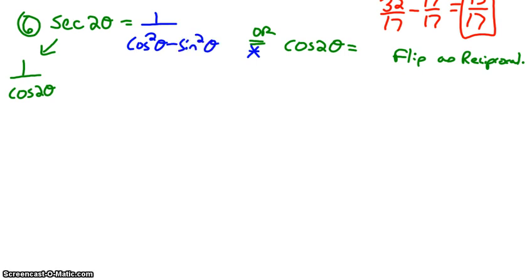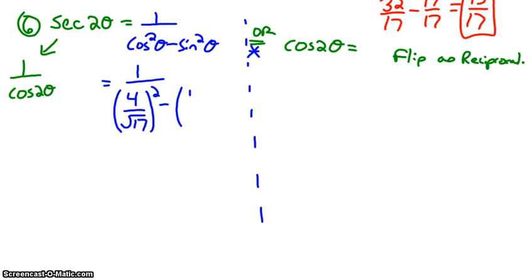Now remember, we have a few choices for what we make cosine 2 theta look like, and in this problem I'm choosing to make it look like cosine squared theta minus sine squared theta. The reason I do that is because I know it's going to work nicely with the fractions that I had above. I will leave it as 4 over radical 17, which I will square for the cosine, and subtract the sine squared theta, which is 1 over radical 17 squared.